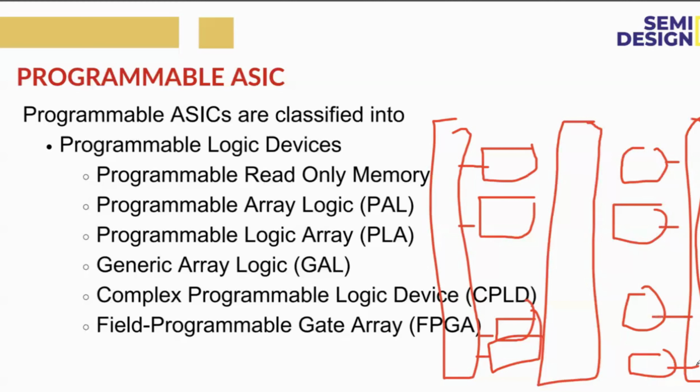All these are connected in a matrix manner, which is reconfigurable whenever you change the connections between the functional blocks. Depending upon our requirement, we can change the blocks. This is one functional block, this is another functional block.